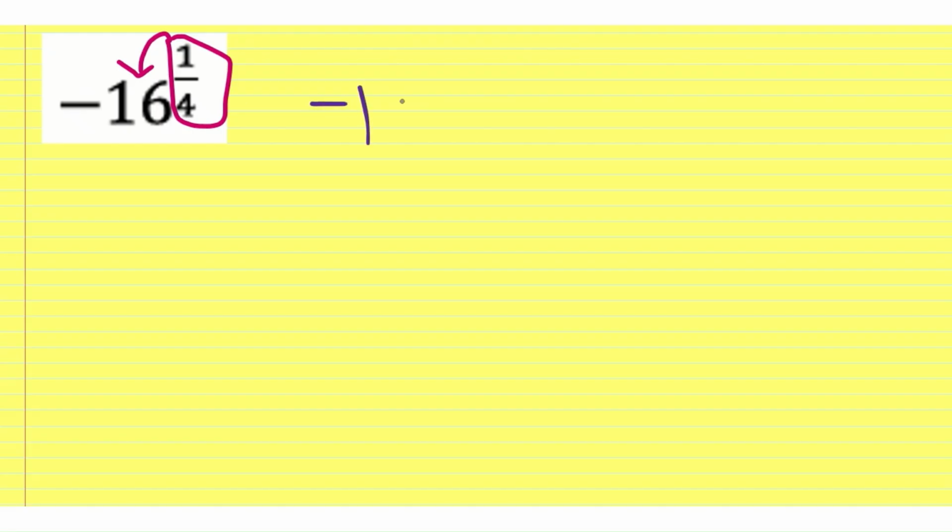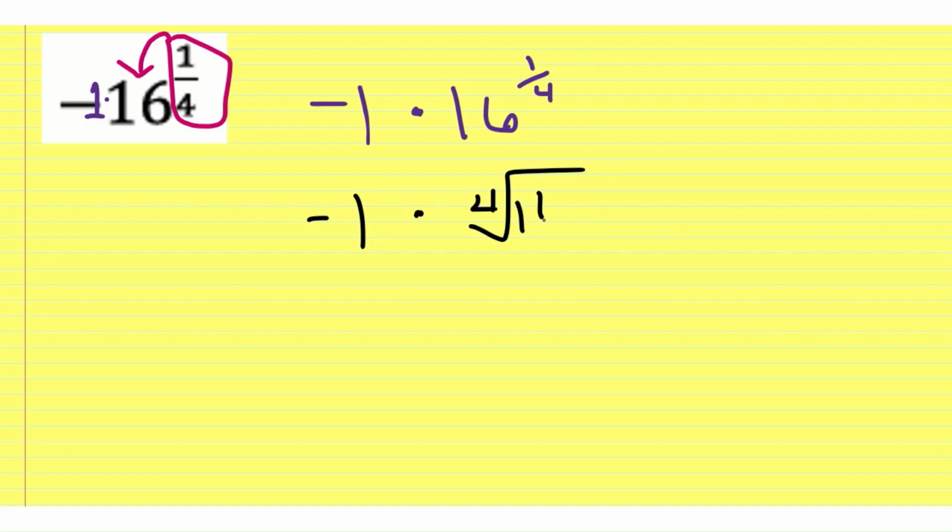There's an invisible -1 there, and it's times 16 to the 1/4 power. So we just separate that -1. We can do that because it's not in parentheses, and this 1/4 power is not affecting the invisible -1 that's right there. Now we can rewrite that again, -1, and then write this as the 4th root of 16.